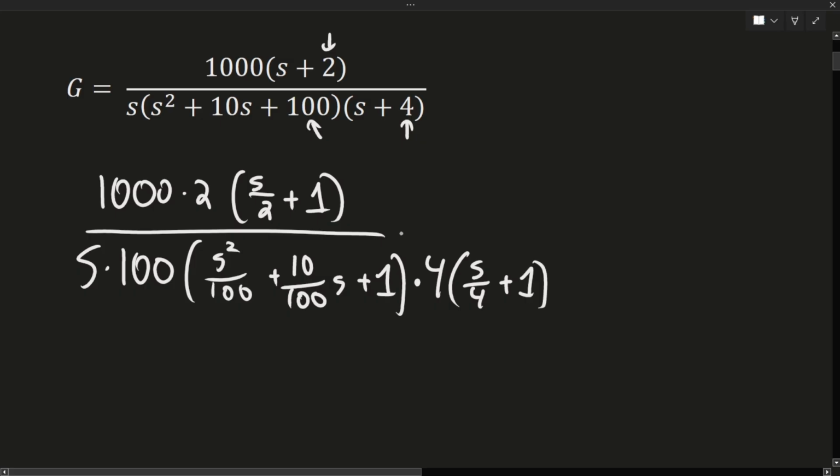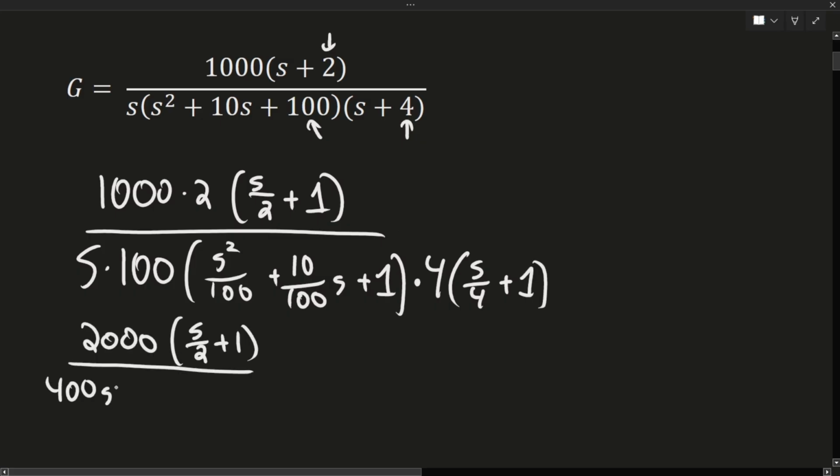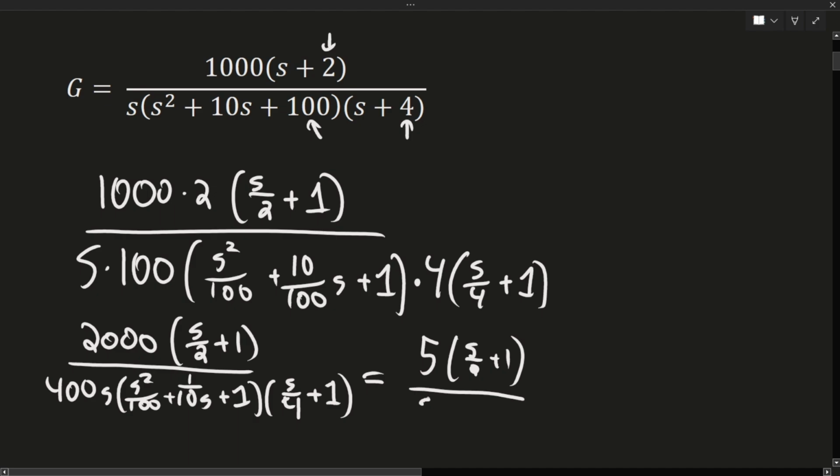You combine everything and then you just simplify it. All right, and in this case, this is supposed to be a 2. That's your zero. This is your pole. There's another one of your poles. The second degree polynomial, I'll explain in a second, and this would be your gain.